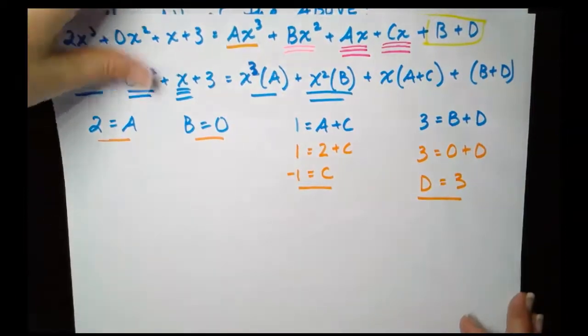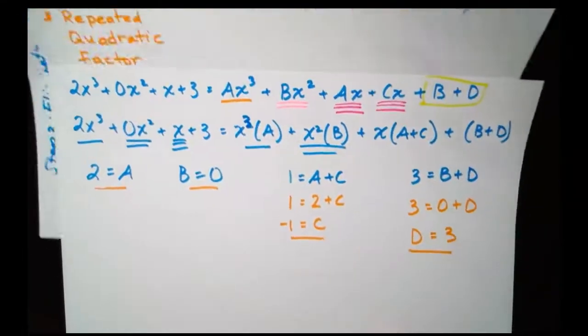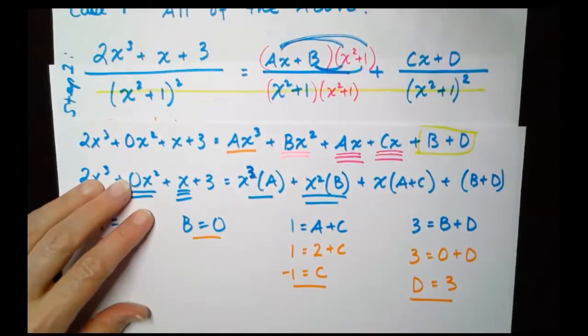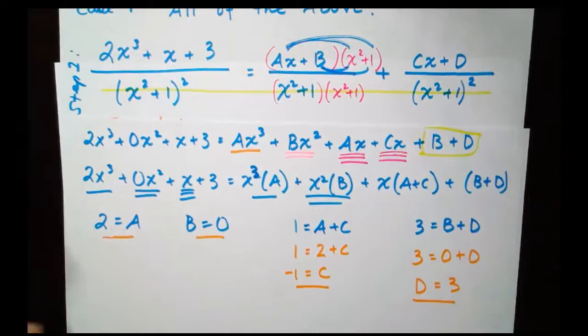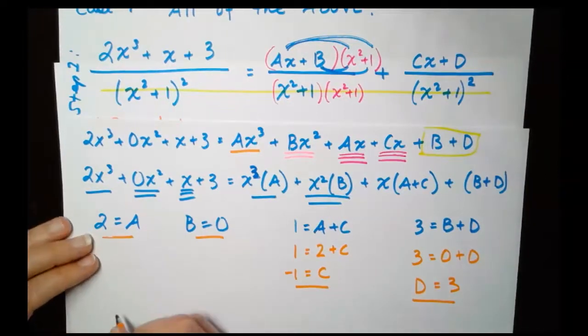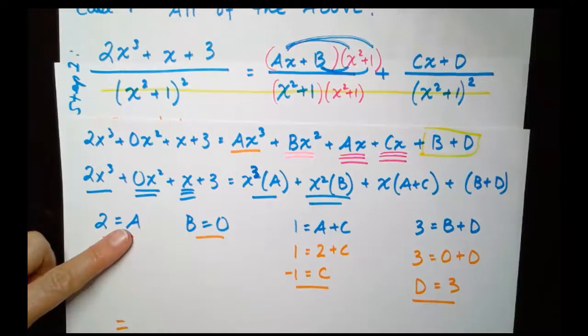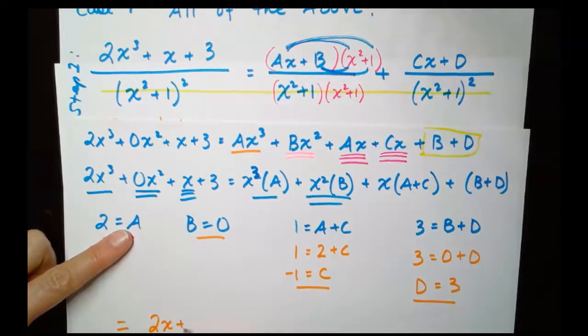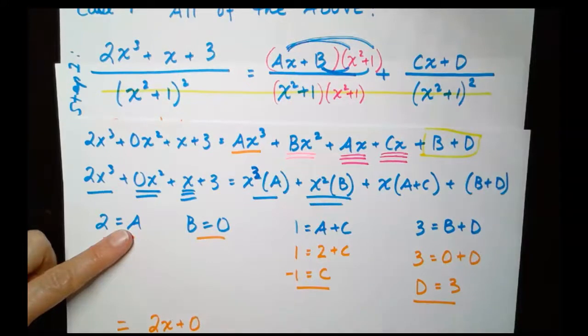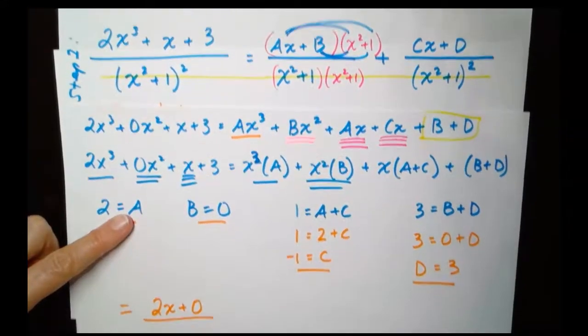So let's go back to the first page where we had the expansion set up with our general terms a, b, c, and d. And now let's write the partial fraction decomposition. So we've got ax plus b, so 2x plus 0. You don't have to write the 0, of course, but that's fine if you do.